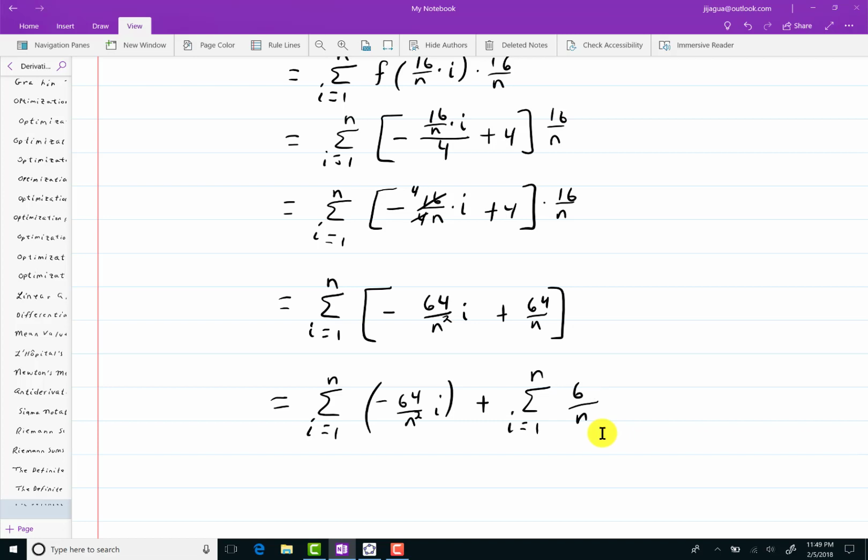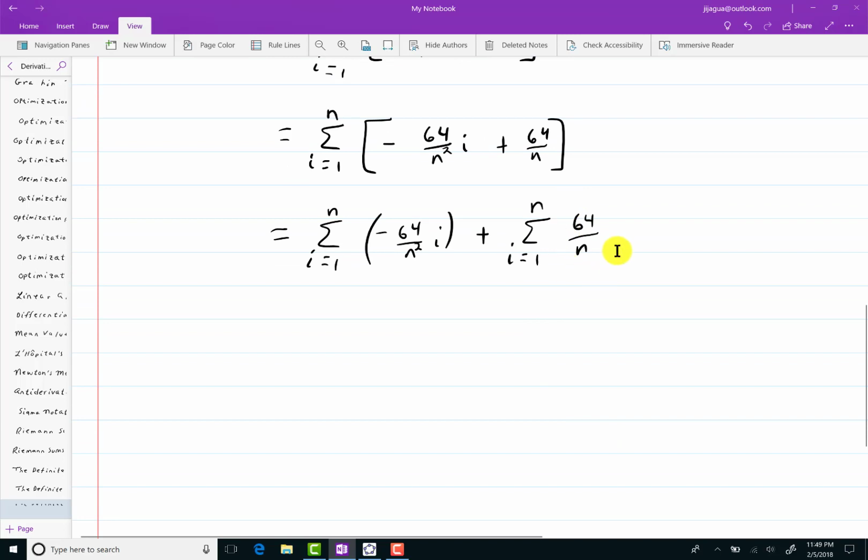Now keep in mind that if there's no I in it, it's considered a constant as far as this is concerned, because the variable here is I. And if that's not there, then I can factor that piece out. So I can put the 64 over n, I equals 1 to n, of what was left as 1.